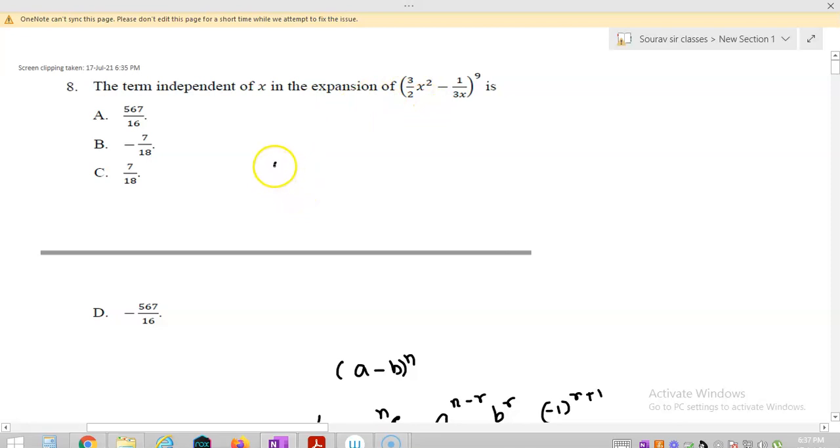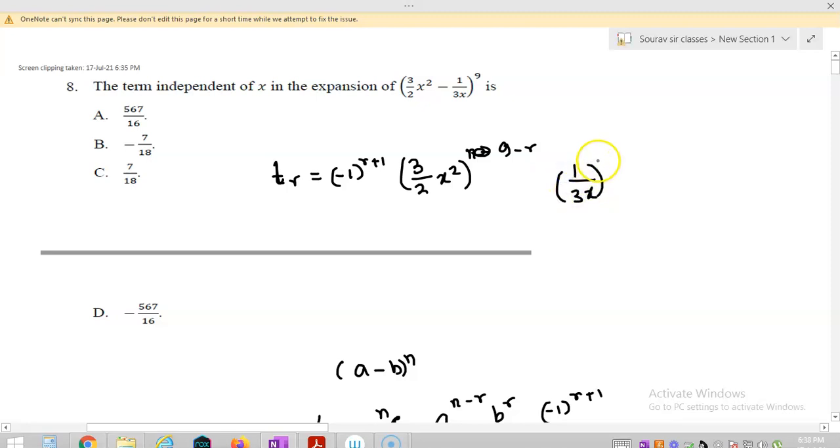So Tr is equal to (−1)^(r+1) (3/2 x²)^(9−r), where the value of n is 9, into (1/(3x))^r into nCr, right students?